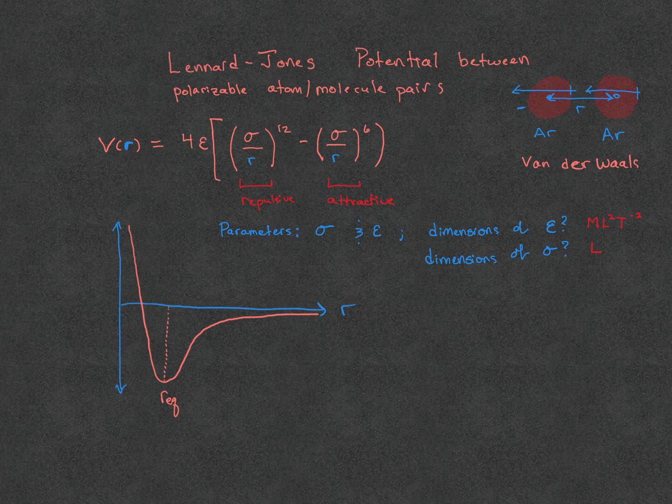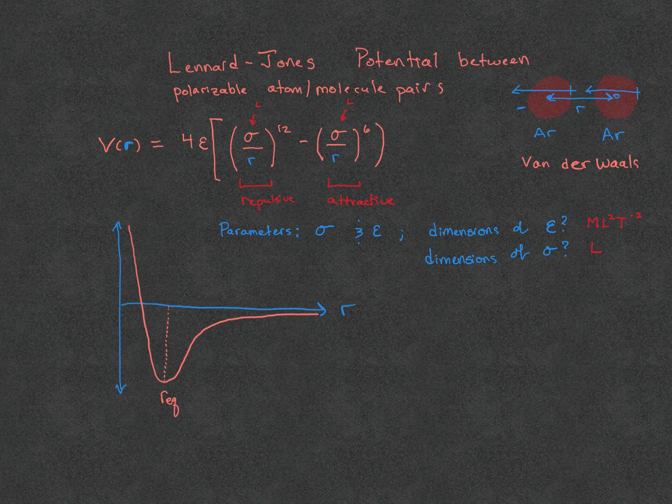I'm taking a difference between two terms, and those terms are raised to different powers. So the only way for that to be valid dimensionally is for those terms individually to have no dimensions. If, for example, each term individually had dimensions of L within the parentheses, then I would have L to the 12 minus L to the 6, and that wouldn't make any sense.